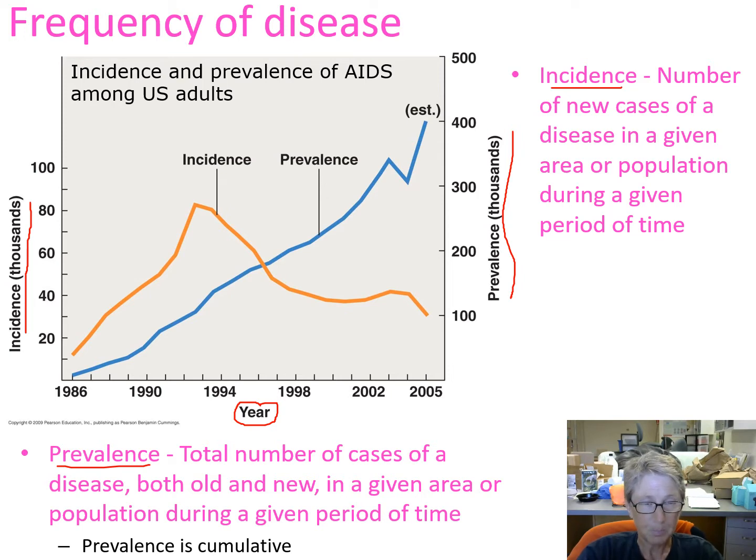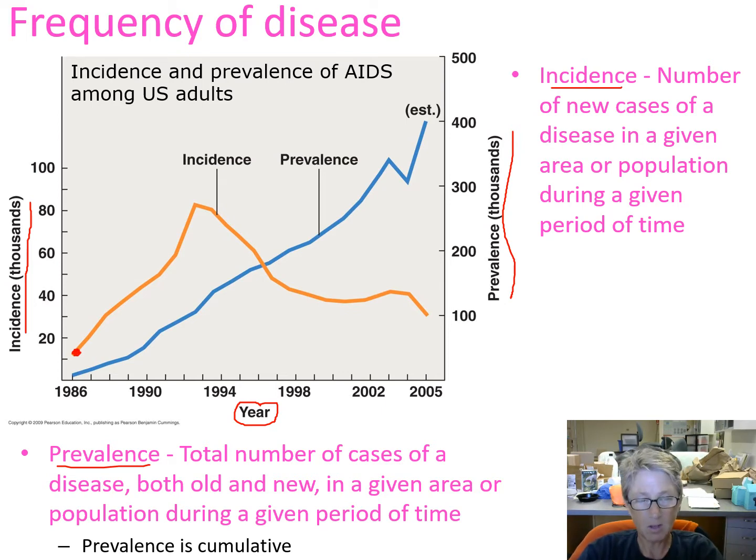So the incidence in 1986 of AIDS, the number of new cases of AIDS in the United States, was, I don't know, what do you think? 10,000, 12,000, because it's in the thousands.